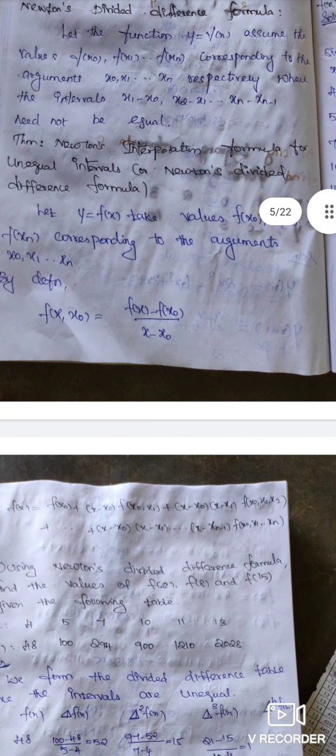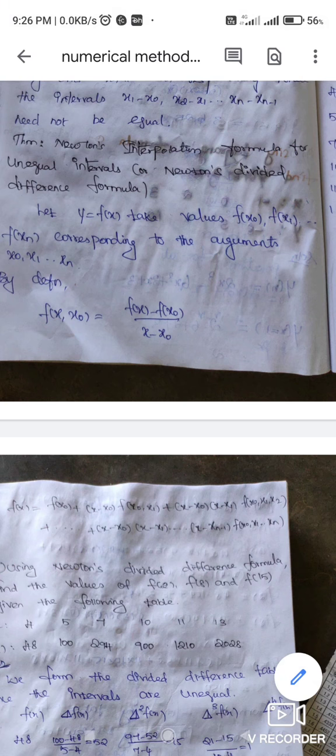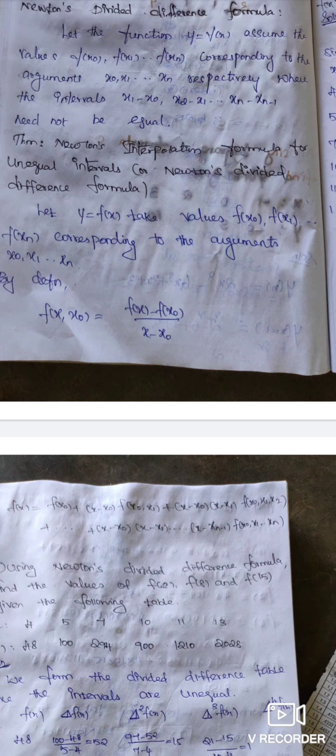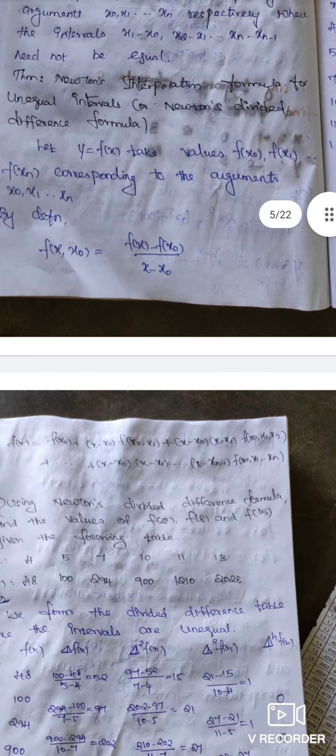So the formula for Newton divided difference: f of x is equal to f of x0 plus (x minus x0) f of x0, x1 plus (x minus x0)(x minus x1) f of x0, x1, x2 plus etc., plus (x minus x0)(x minus x1) etc. (x minus xn minus 1) into f of x0, x1, etc., xn.